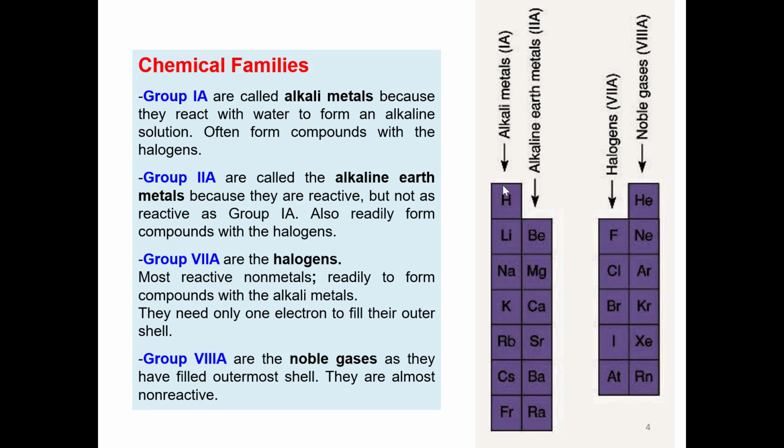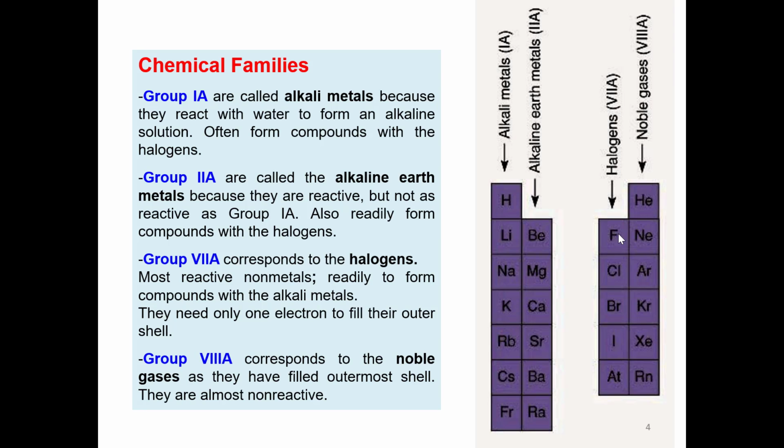Usually, group 1A reacts with group 7A. Group 2A is called the alkaline earth metals because they are reactive, but not as reactive as group 1A. Also, they react with the halogens to be stable.